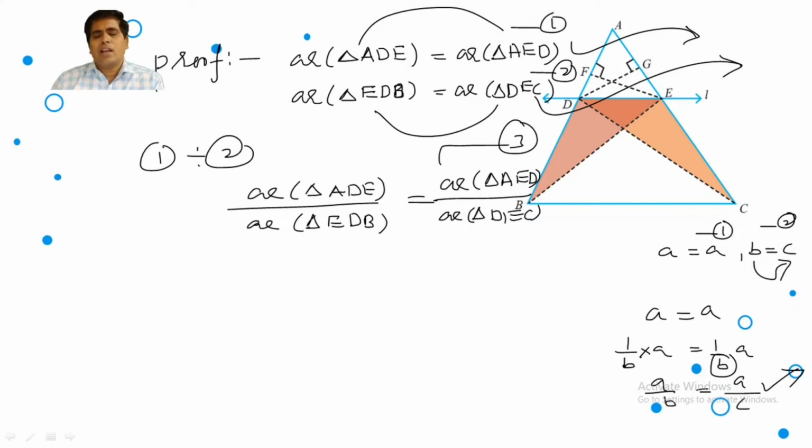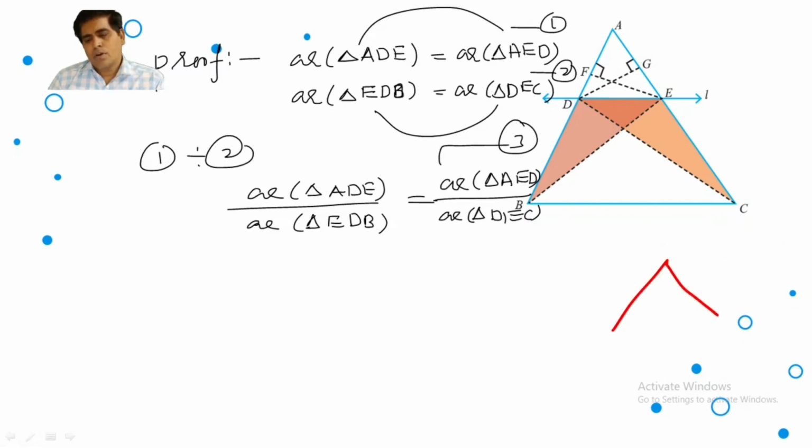Now I will calculate the areas for each triangle. I am considering triangle ADE here. In this triangle, what are the altitudes? EF is one altitude, and DZ is also one more altitude.